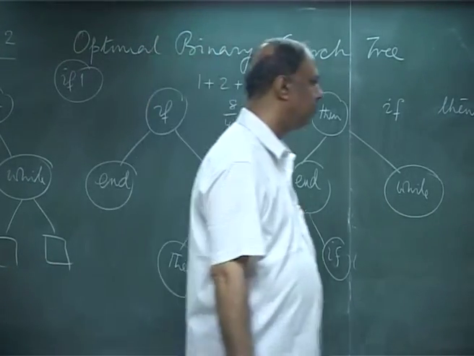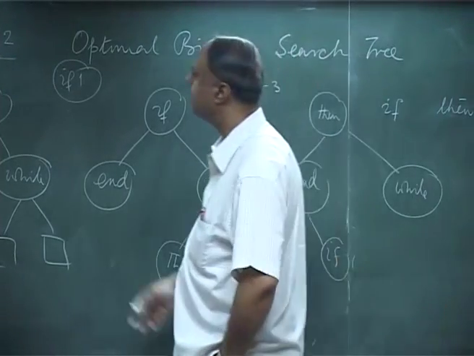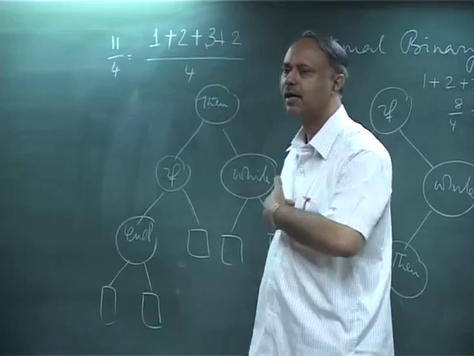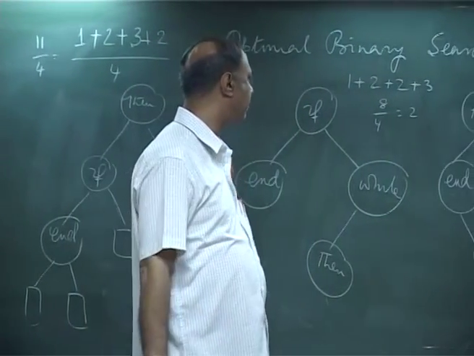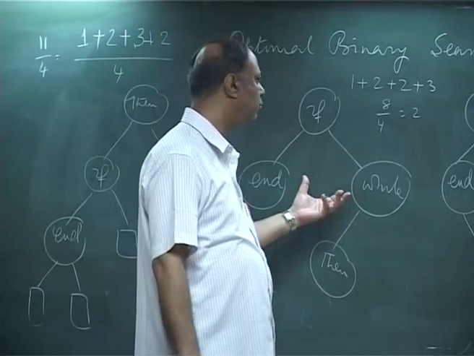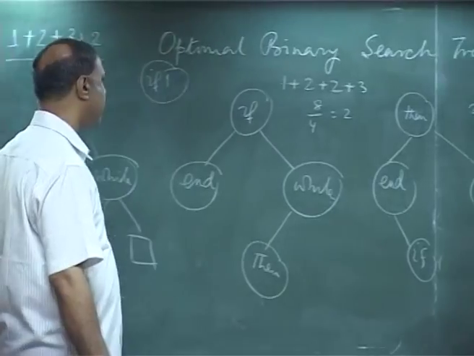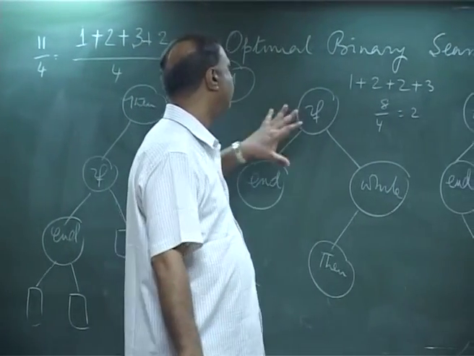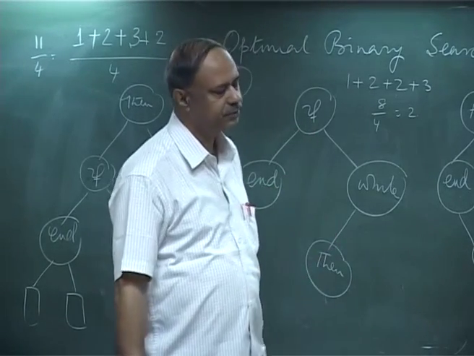So if I assume that they are equally likely, then for a successful search it becomes 2.75 average number of comparisons. In this case it is 2, and in that case also it will become 2.75 and so on. So our target should be to draw the tree in such a way that the average number of comparisons is minimum.